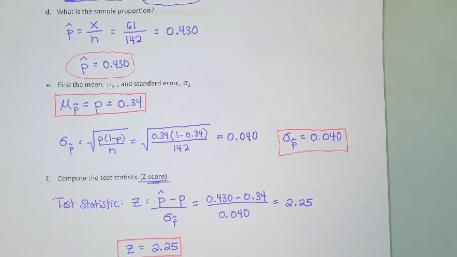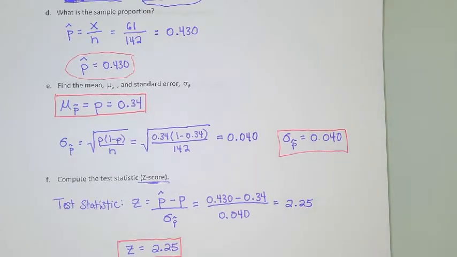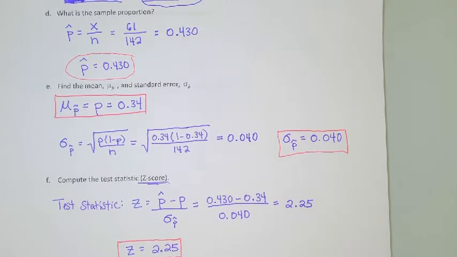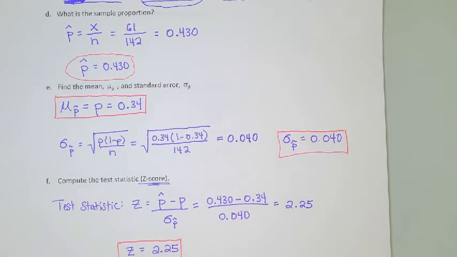Is it unusual enough for us to reject the null hypothesis and say that the true population proportion is not 34%?